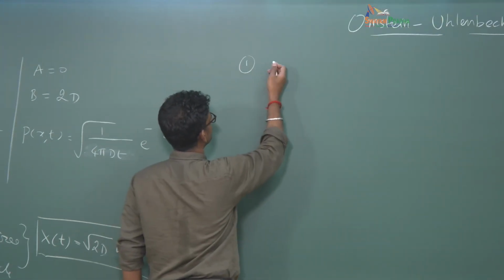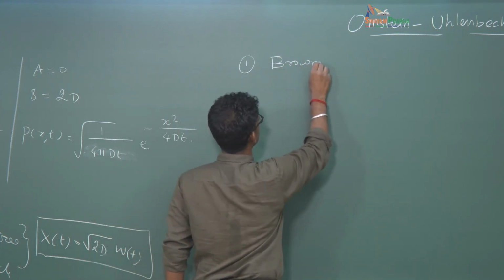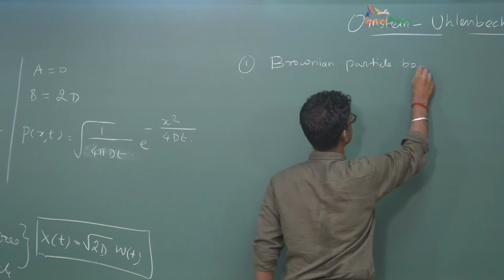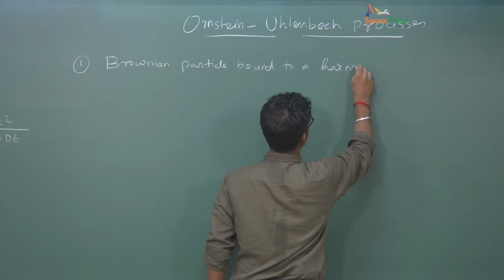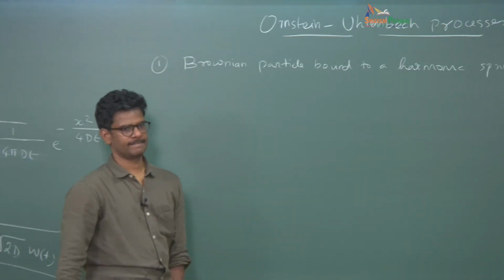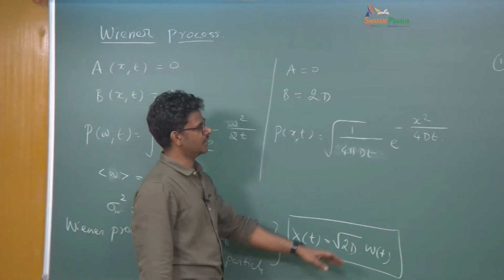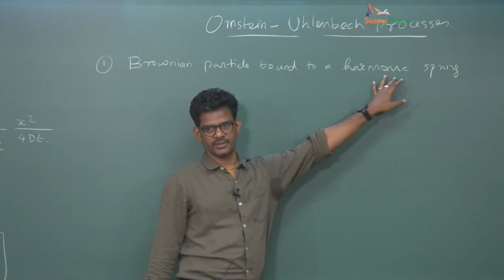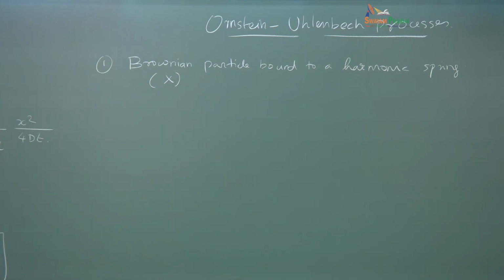One is a Brownian particle bound to a harmonic spring. Okay, so now you may have a system where you are thinking about a Brownian particle which is bound to a harmonic spring, and you are interested in the position of the Brownian particle.